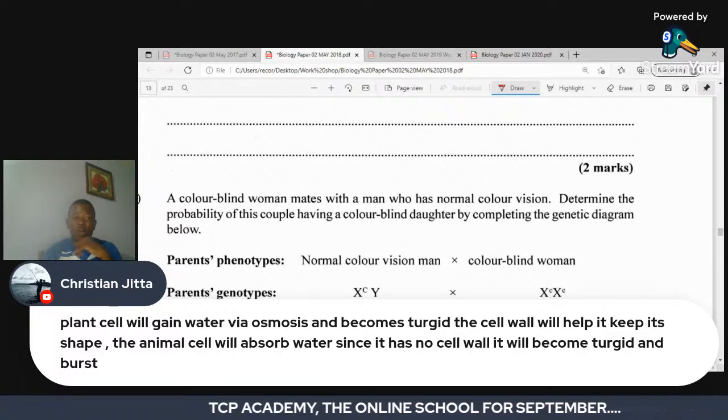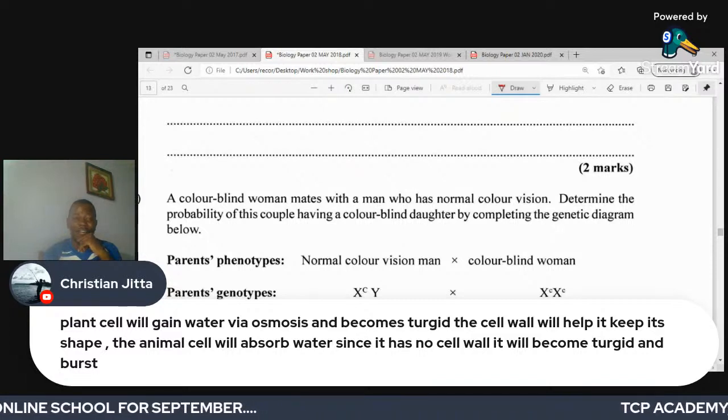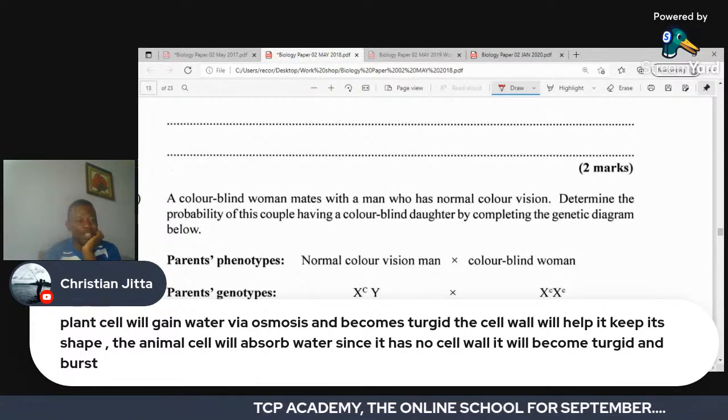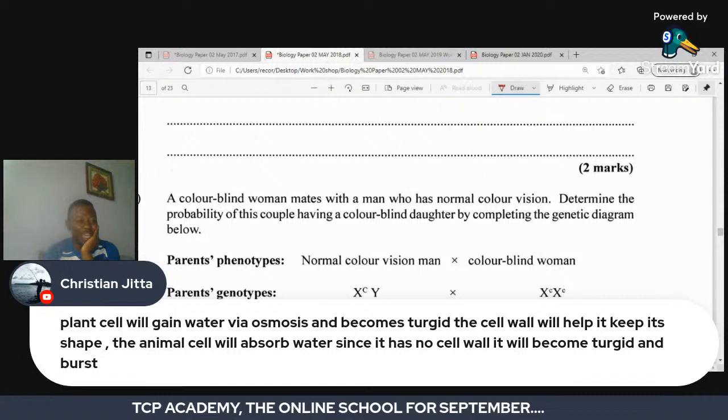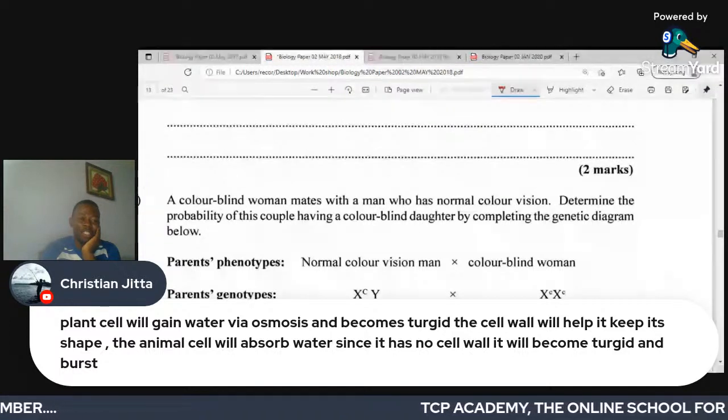So the first thing you want to do here, as usual, remember, is to define your alleles. Then the second thing, you are going to write the parental phenotype, and it is written on screen. Then the next thing you are going to write is the parental genotype. But now I want you to write the gametes in the comment section.